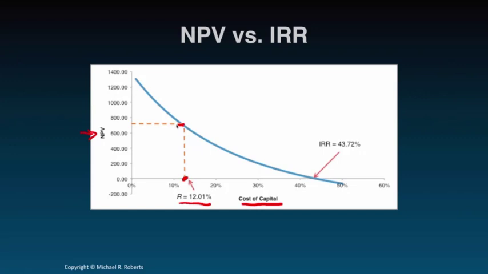You'll notice that generates an NPV, as we saw earlier, of a little bit over $700 million. The second point I want to point out is the point where the graph crosses the x-axis. That's the point at which the NPV is 0, which, as we know from our definition earlier, is just the IRR. That's 43.7%.